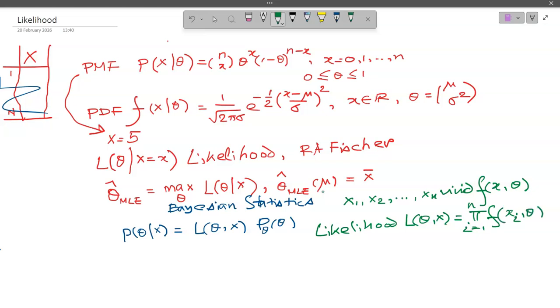For mathematical convenience, we use log likelihood.